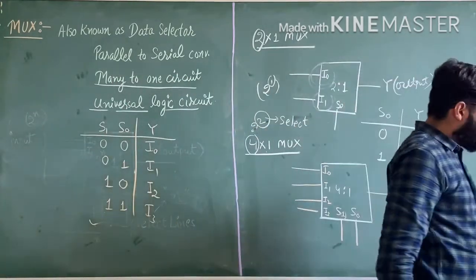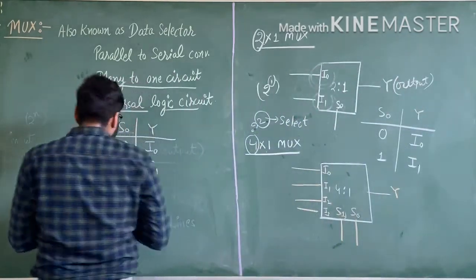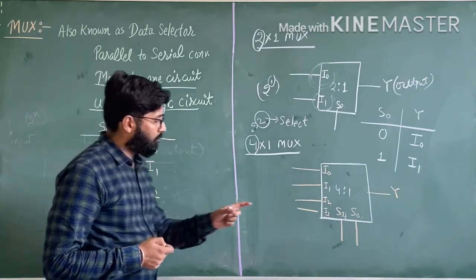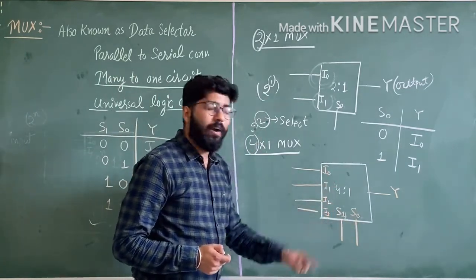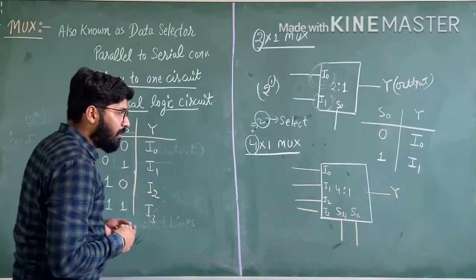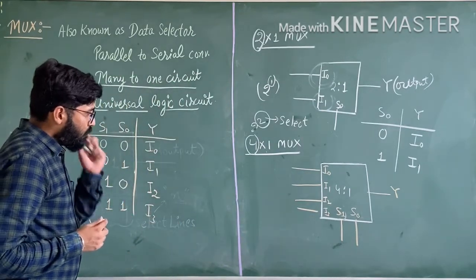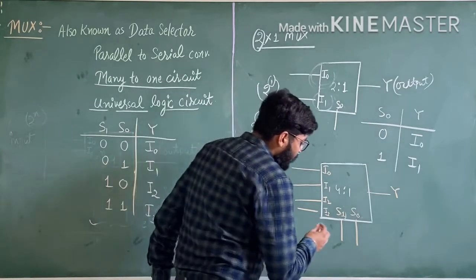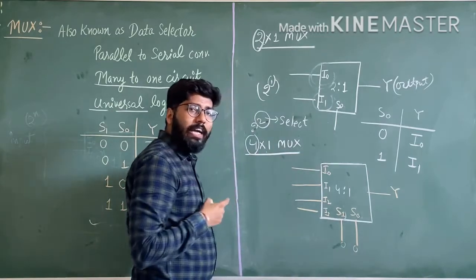Now you have to write the output in terms of S1, S0, I0, I1, I2, I3. You have to represent the mux in Boolean expression form. Suppose this is 0 and this is 0, you get output I0.